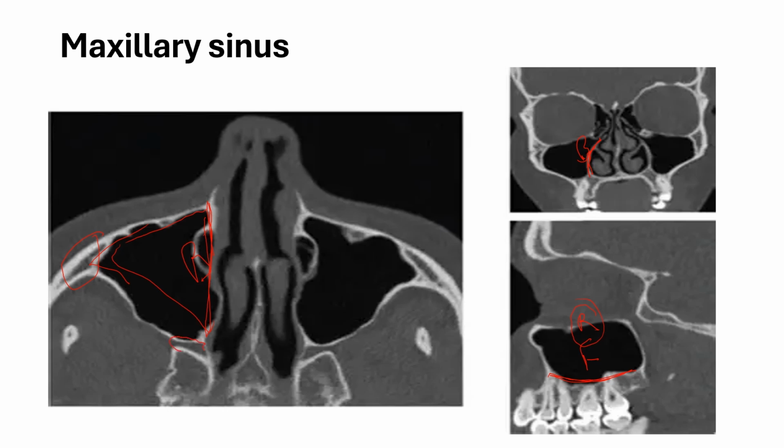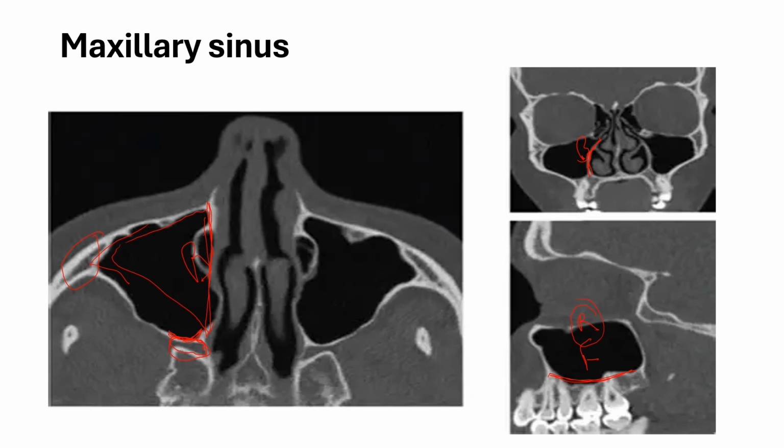This is a very important structure, and its anterior wall is formed by the posterior wall of the maxillary sinus. Like the other paranasal sinuses, they can vary in size.